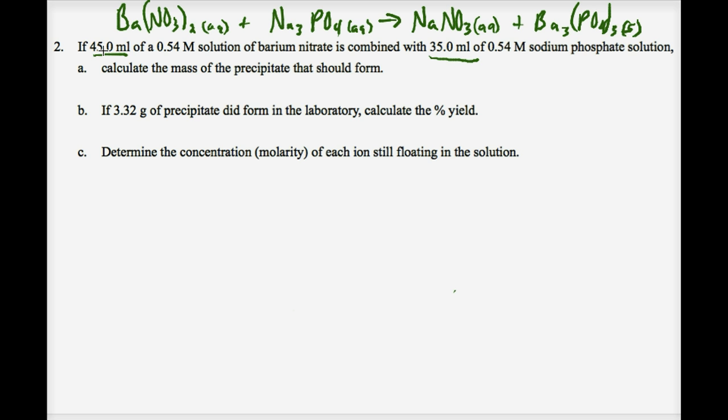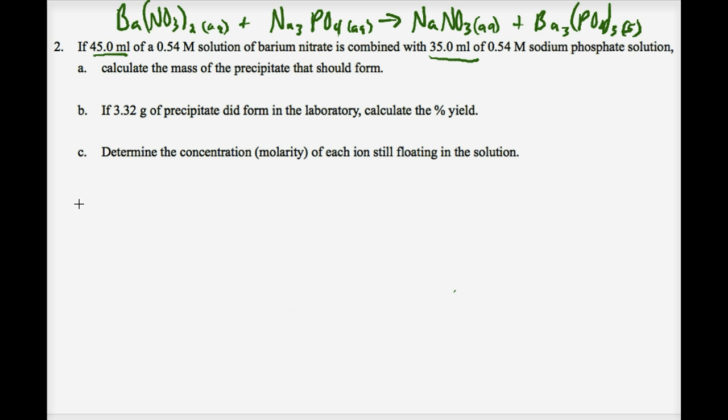We're starting off with a volume, and we have our molarity as a conversion factor. Volumes of gas have meaning, but volumes of solution, since it's two things mixed, don't give us any information. The molarity, the concentration, is what gives us the information.